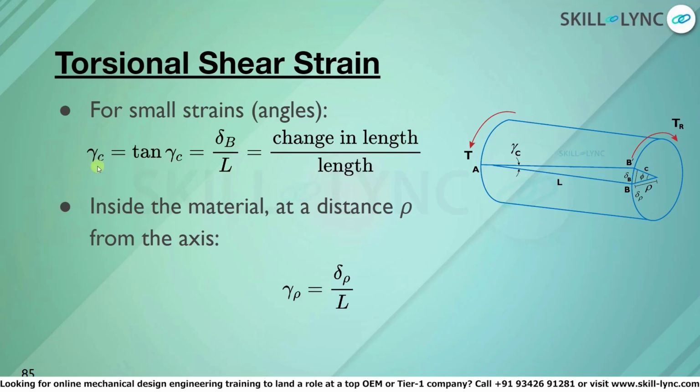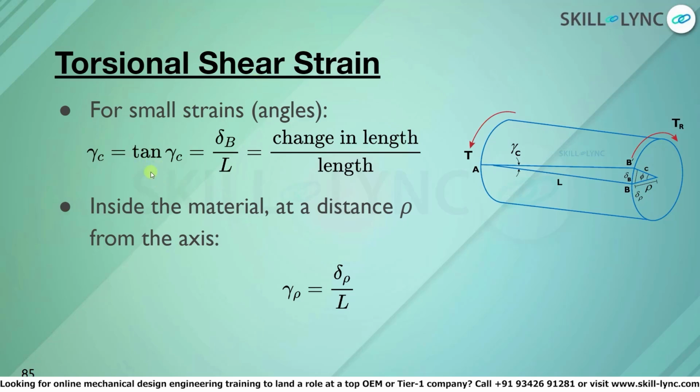We know that strain can also be given as change in length by length. Now here again, gamma C, which is actually tan gamma C, is equal to del B divided by the actual length.